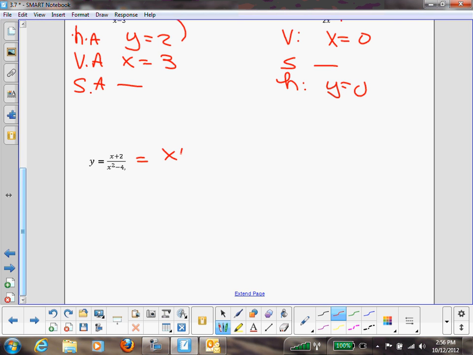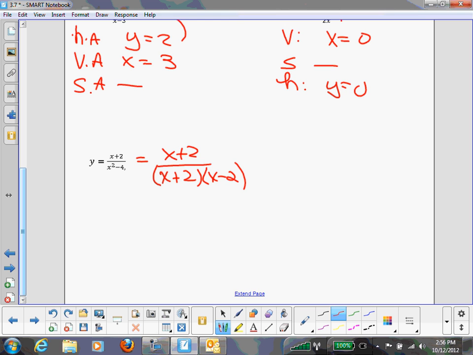Isn't this the same as x plus 2 over x plus 2 and x minus 2? Well, we don't ignore it. But doesn't this reduce down to 1 over x minus 2? Sometimes you do, if it's factorable. But I want you to know, initially, what could x not equal?